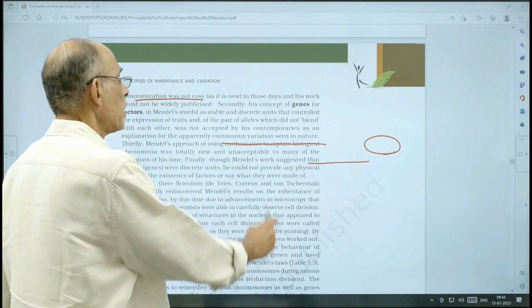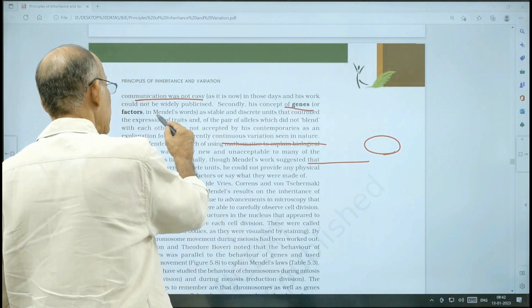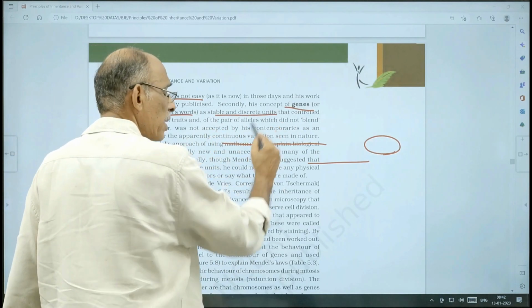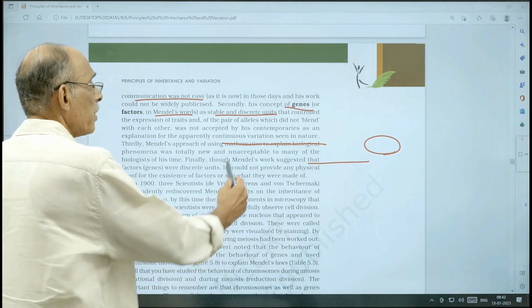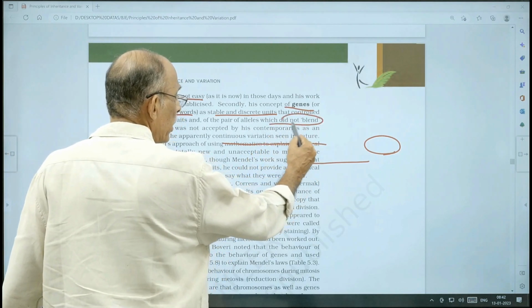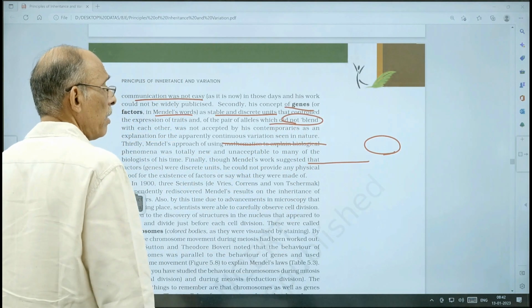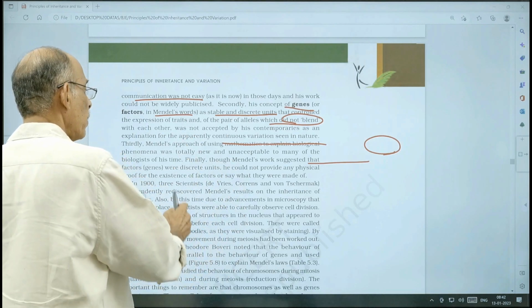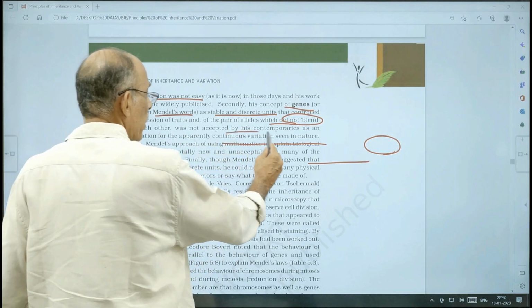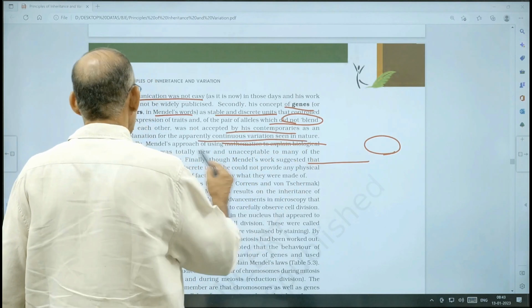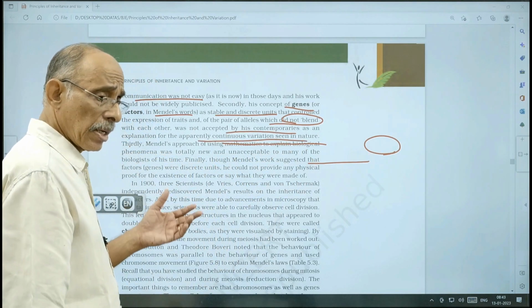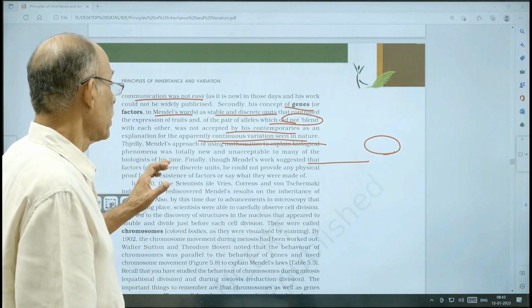Secondly, the concept of genes as stable and discrete units passed on from parents to progeny, which did not blend together, was not accepted by contemporaries, because most of the characters seen in nature are of the blending type.